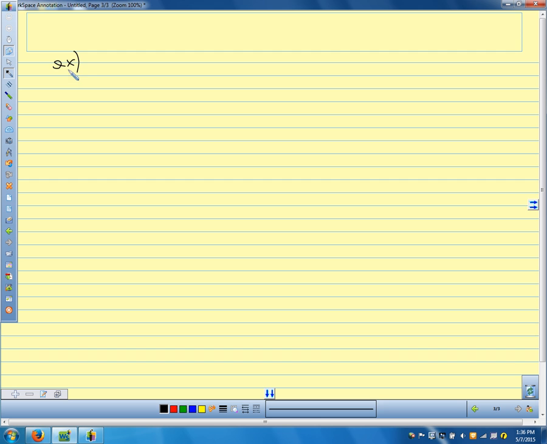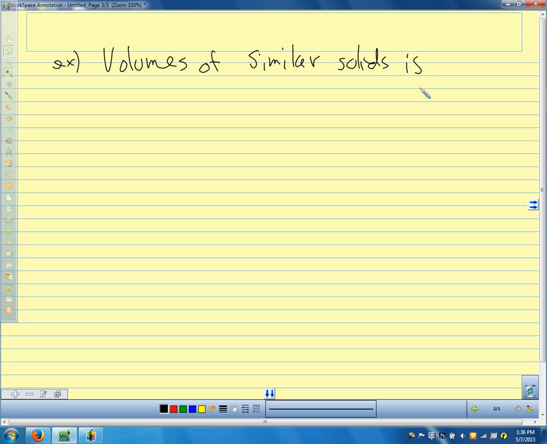The volumes of two similar solids are 40 cubic inches and 135 cubic inches.